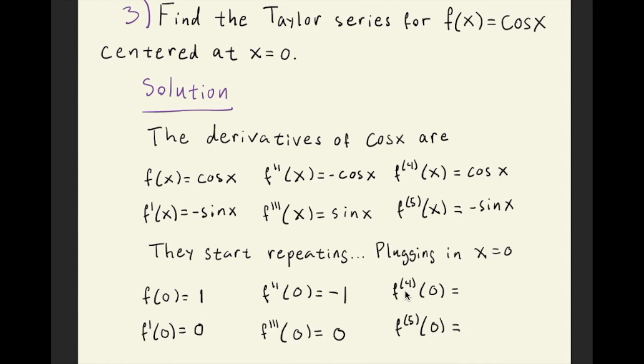The fourth derivative of f at 0 is cosine of 0, 1. The fifth derivative of f at 0 is negative sine of 0, which is 0. So you see that it repeats like that: 1, 0, negative 1, 0, 1, 0, negative 1, 0.